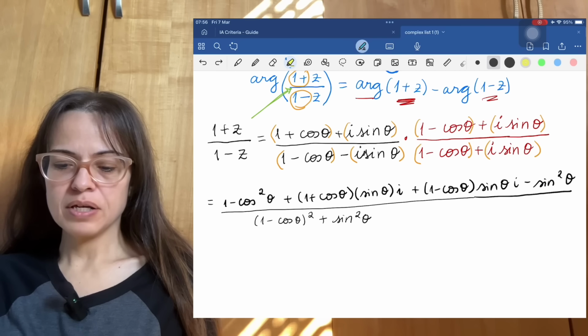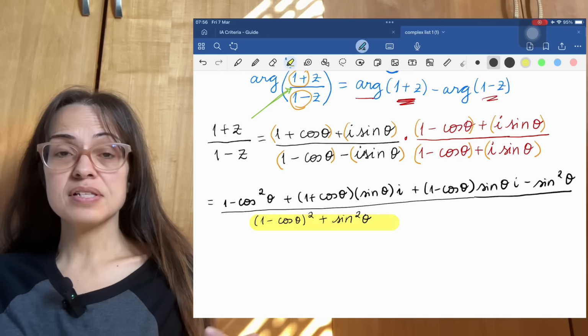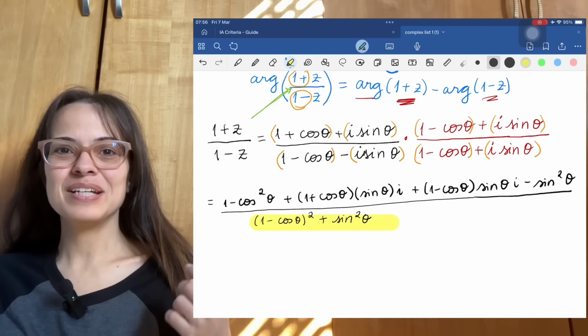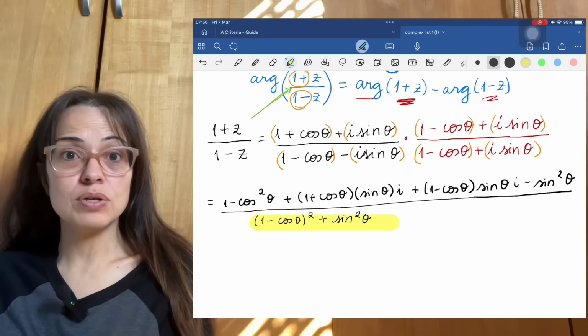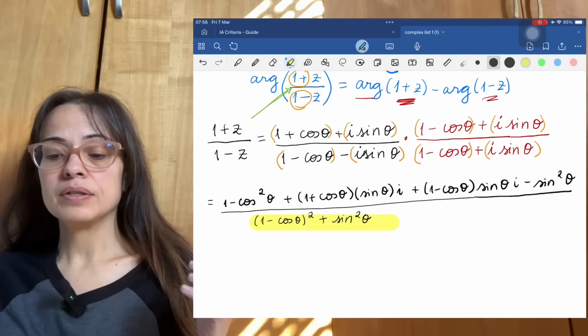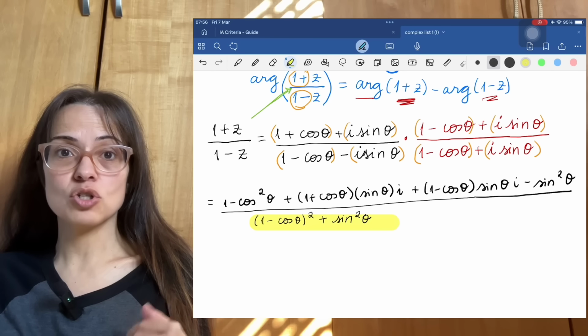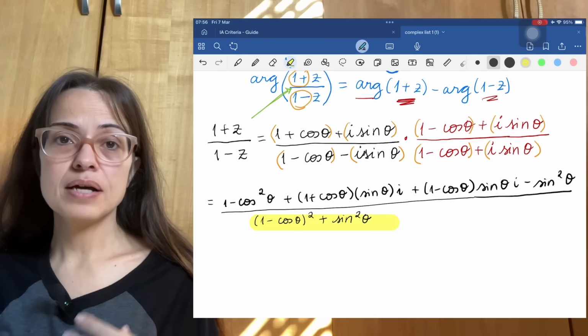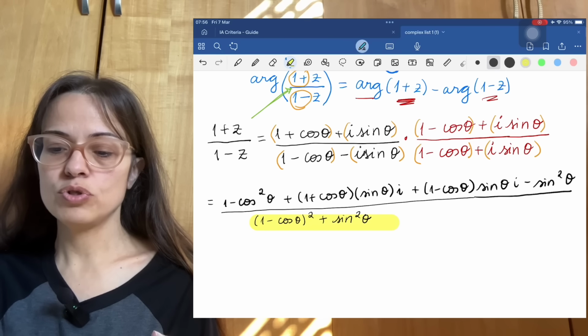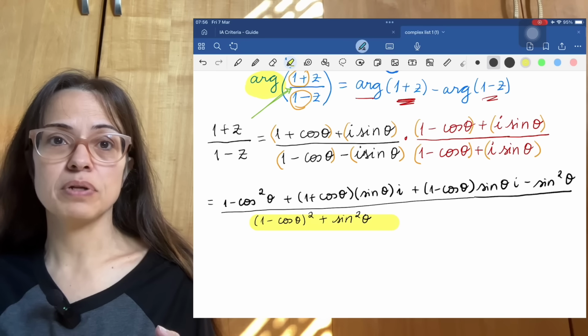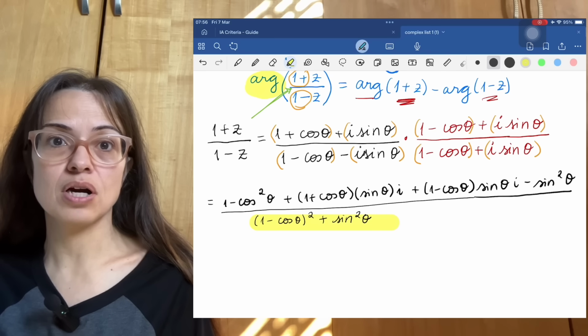We could check my calculations for the denominator, but the thing is that the denominator doesn't matter. Even if I made a mistake, it's a real number. That was intentional. That's why we are rationalizing the denominator, because dividing by a real number is not going to change the argument of the complex number. And here we are only interested in the argument.